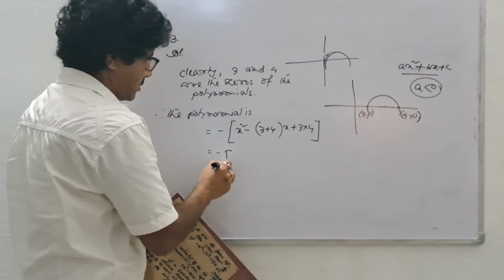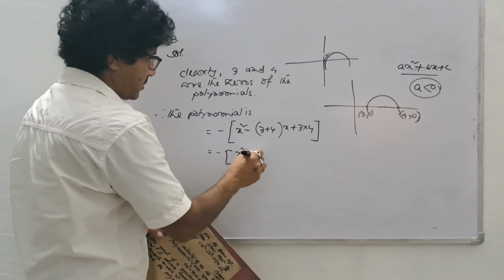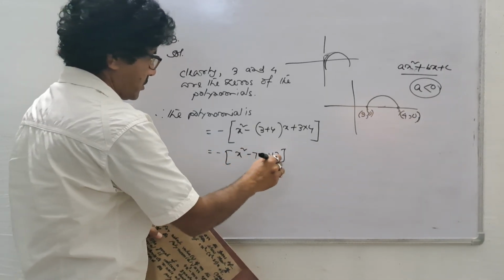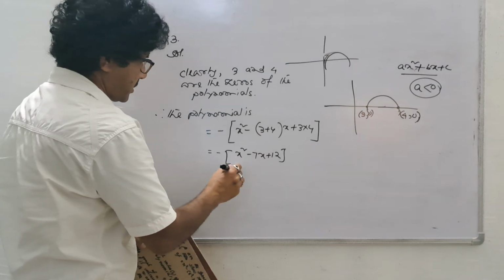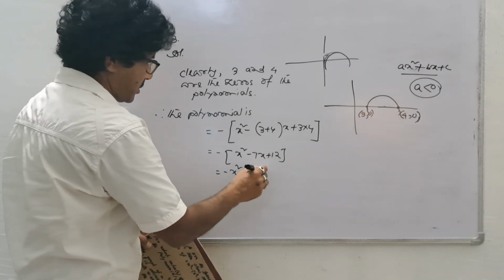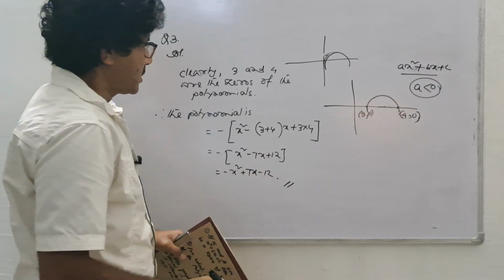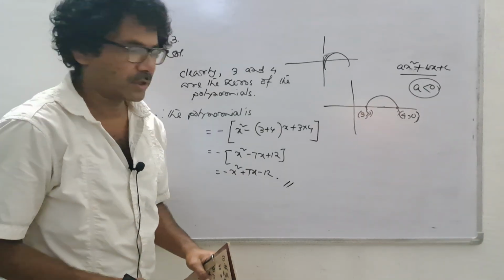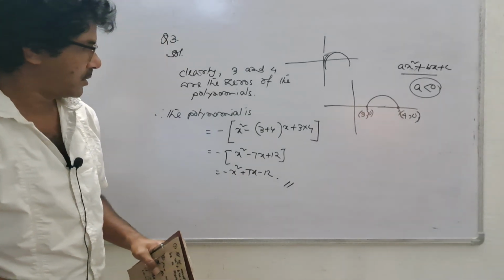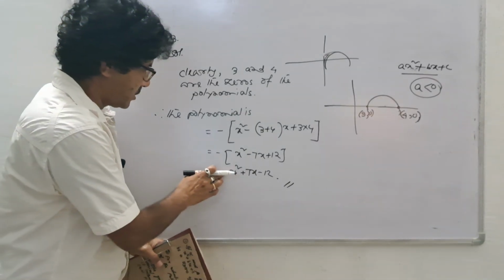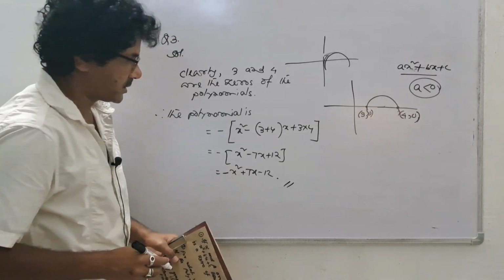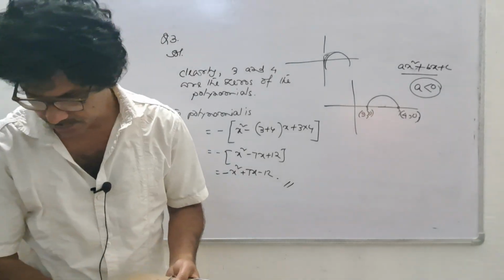So x squared minus 7x plus 12. Ultimately the polynomial is minus x squared plus 7x minus 12. So this is our polynomial.